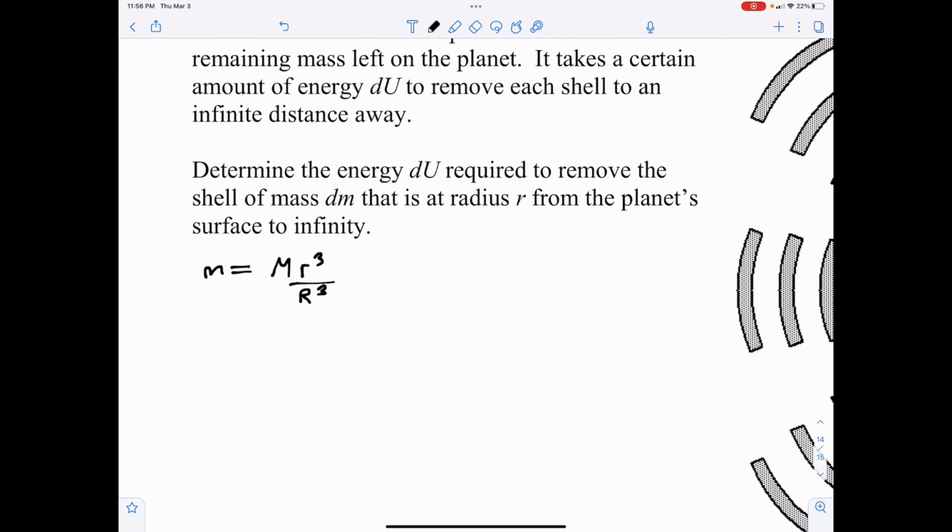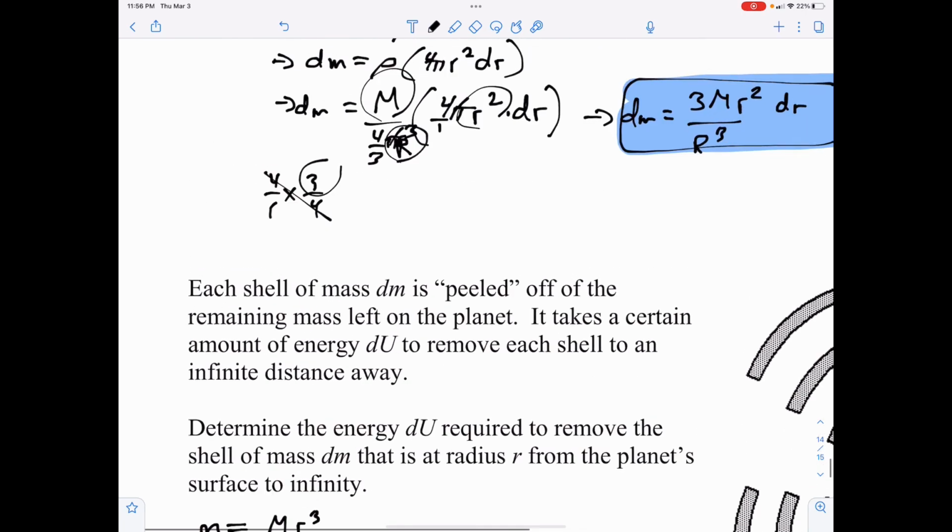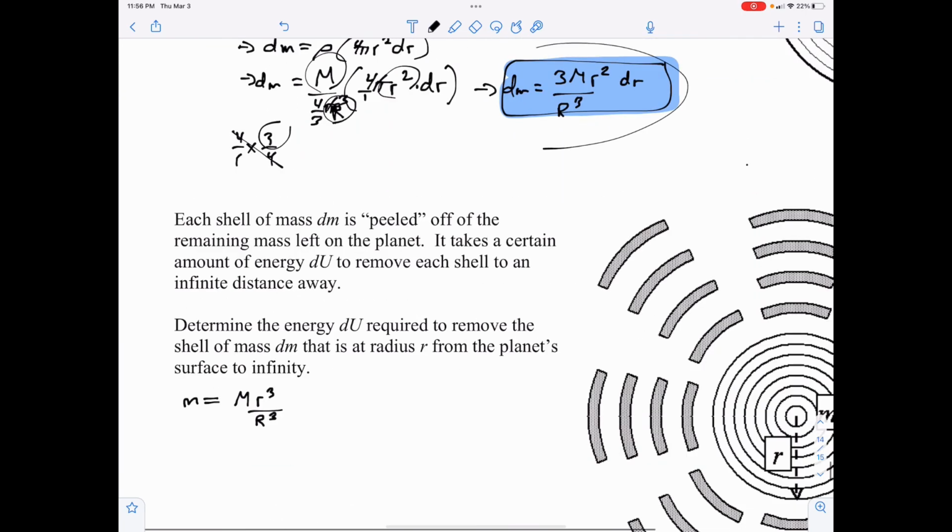we're going to rewrite it as follows. Using what we just got there. I don't know if you see it.